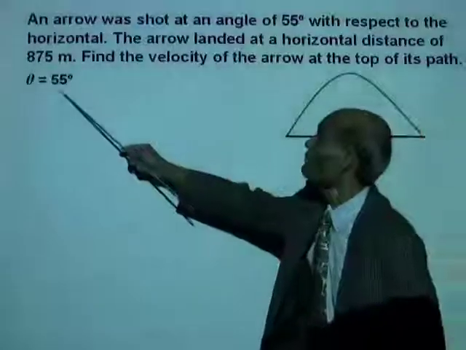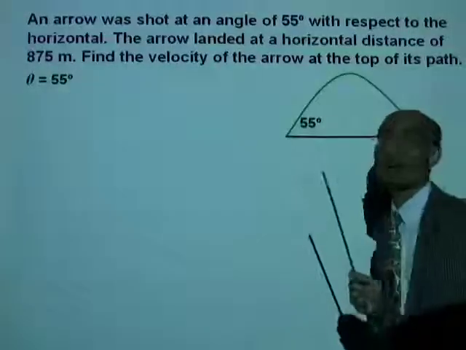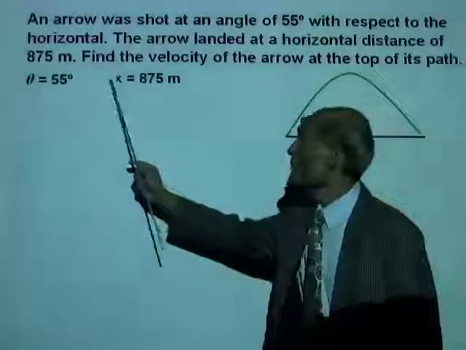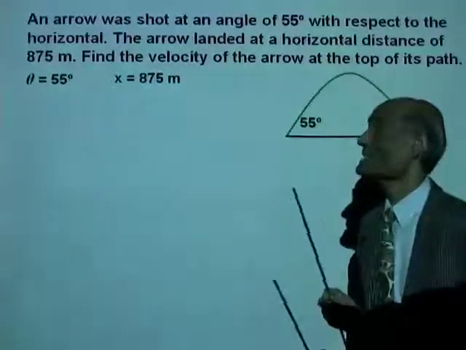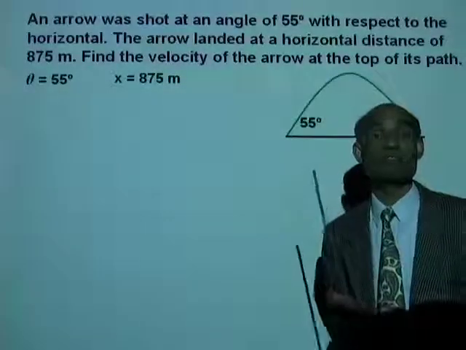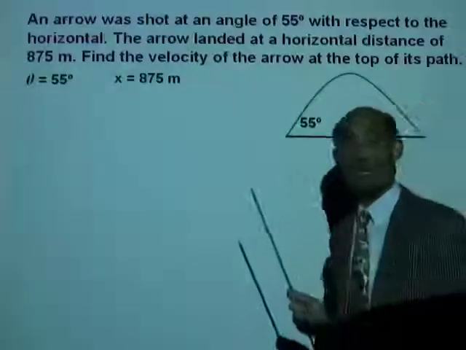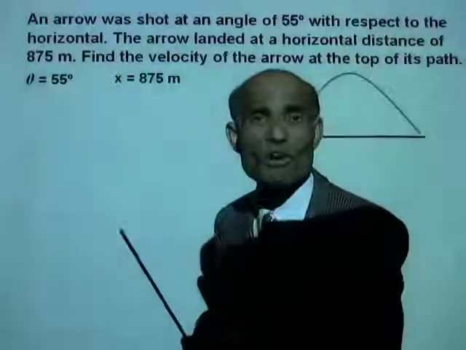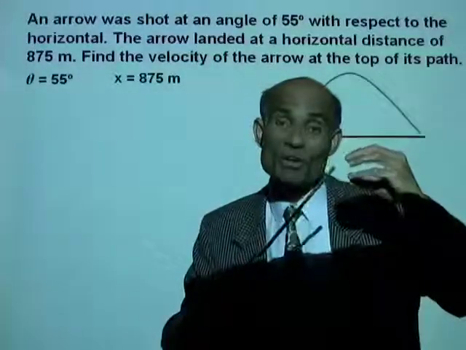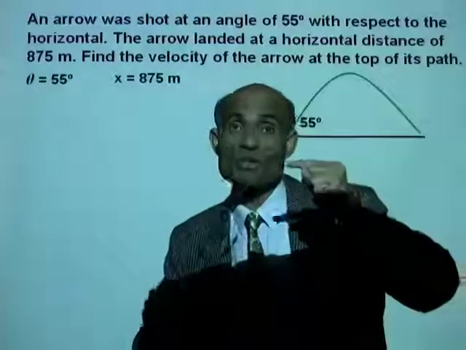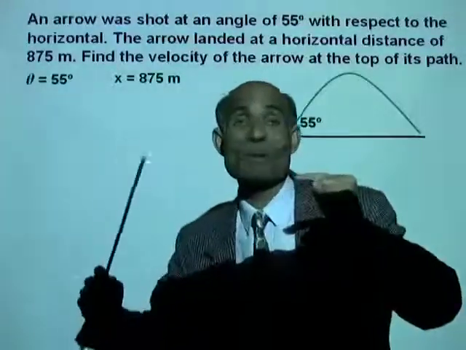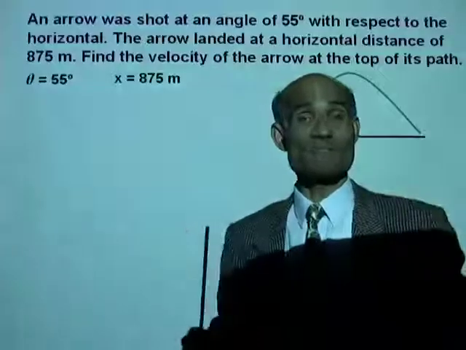The angle of projection is 55 degrees. The horizontal range is 875 meters. Well, what is the equation for the horizontal range? The horizontal range is the horizontal velocity multiplied by the time of flight.